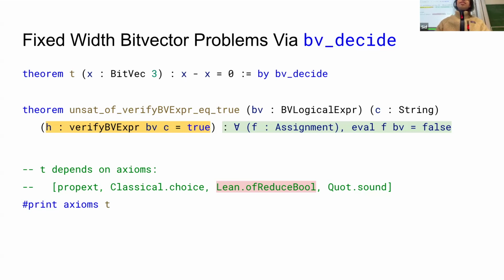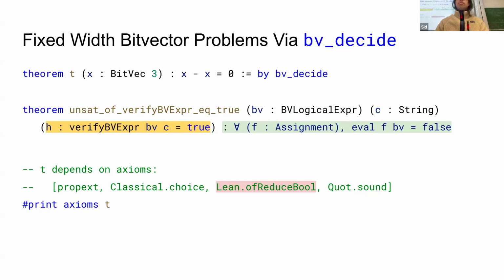So rather, it's compiled by the compiler, and we trust the code that the compiler runs. In particular, the function verifyBVExpr is checked by compiling it and then running it.